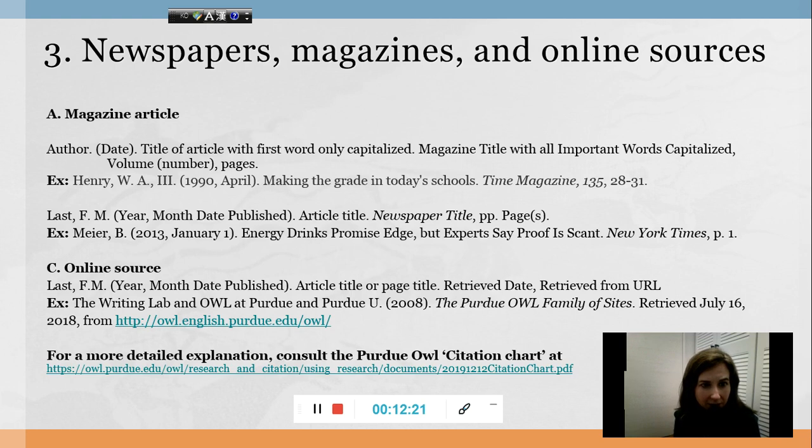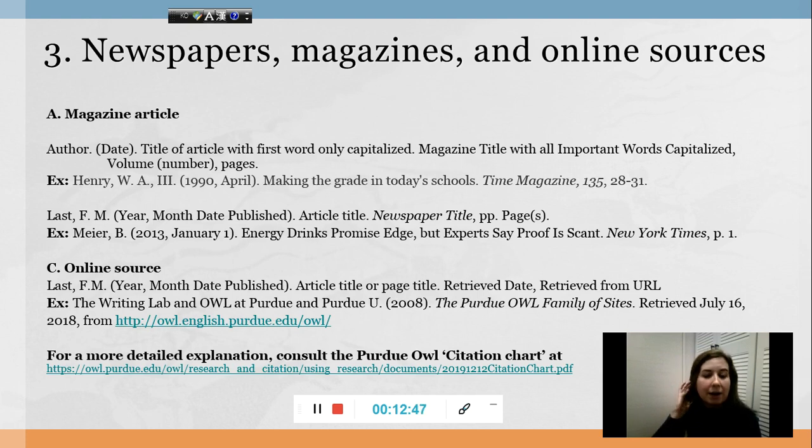So we have another example here. We have last name and initial, first, middle. Because in America, some of us have middle names. I have a middle name. And we have year, month, date published.